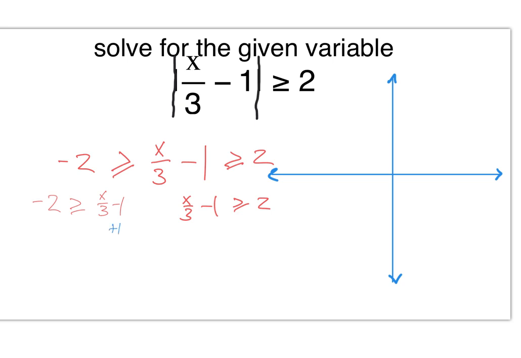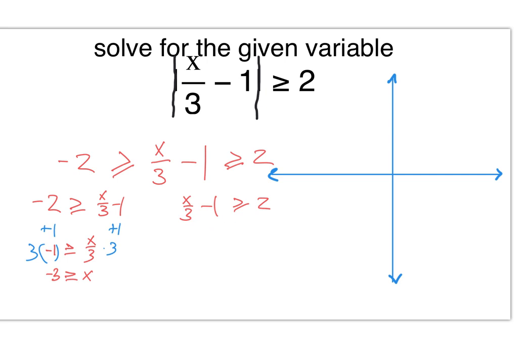Going to add 1 to both sides. -2 plus 1 is -1 greater than or equal to x over 3. All right, got to get rid of the 3 in the denominator. Multiply this by 3, which means I multiply the other side also by 3. 3 times negative 1 is negative 3, greater than or equal to x.